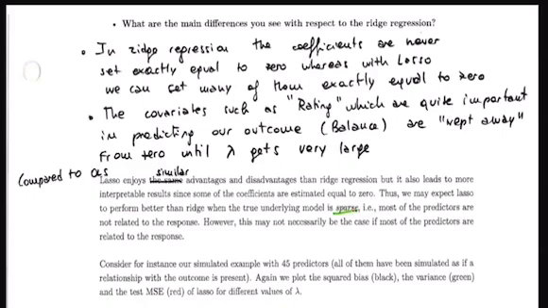However, this may not necessarily be the case if most of the predictors are related to the response. They may not be statistically significant, but we may still need to have them in the model.